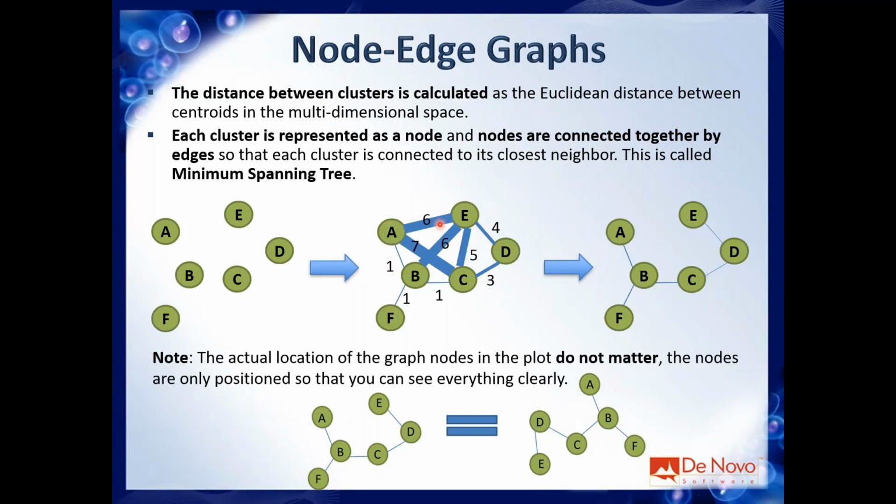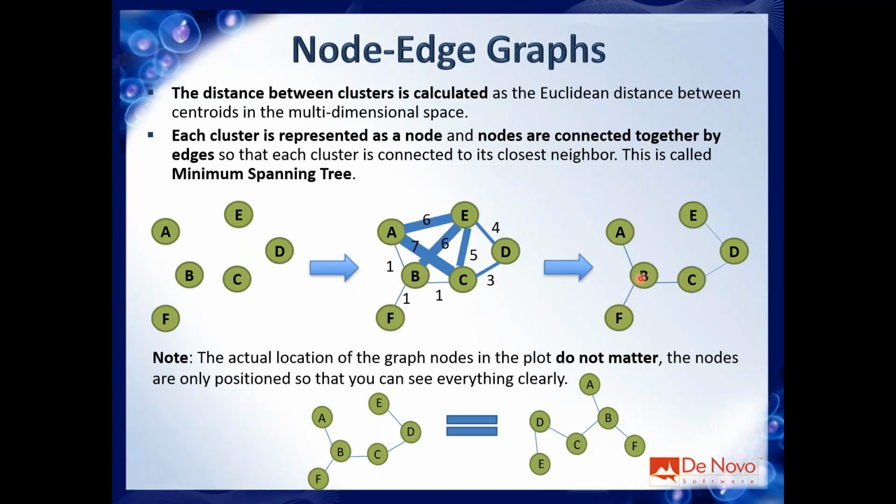For example, the distance between A and E is 6. The distance between A and C is 7. A and B is 1. We should also calculate A and D, A and F, of course. And then you get rid of all the distances except the smaller one. So for example, you see F is connected to B, so B is the closest neighbor. I want to keep this edge.